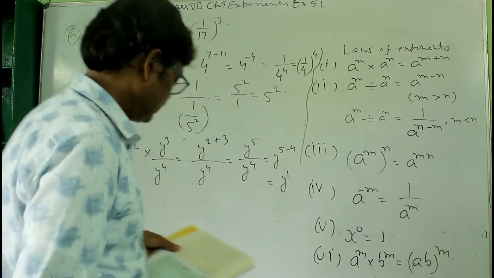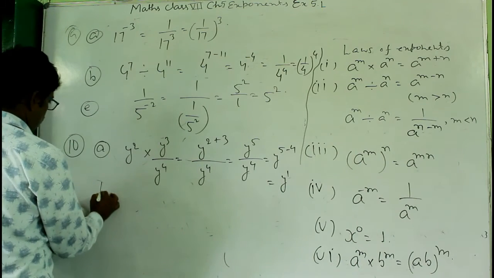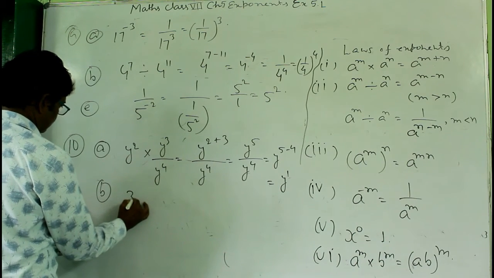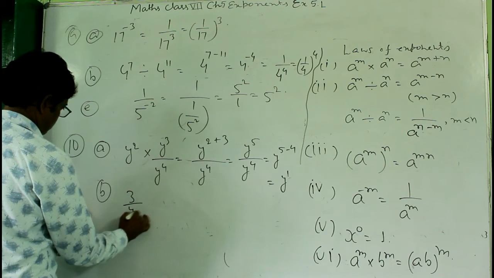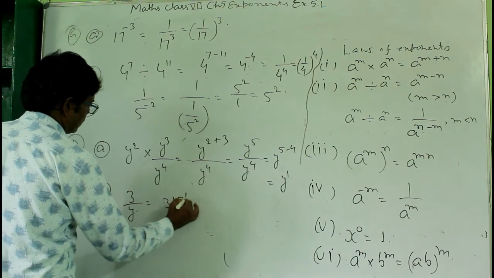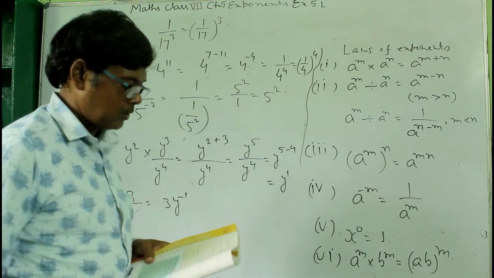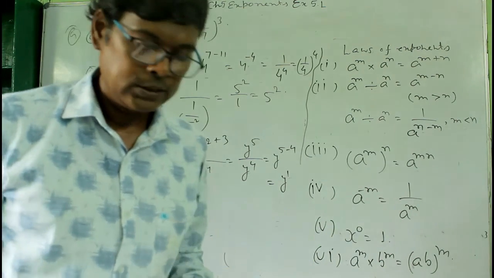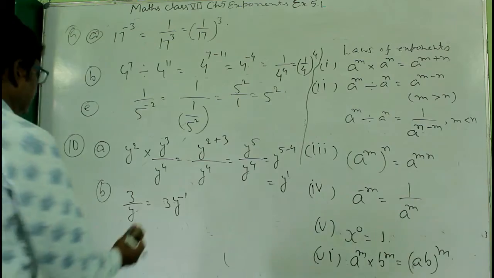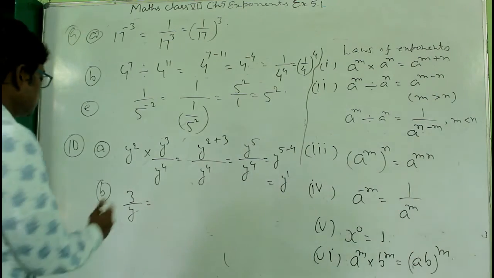Question number B: it will be equal to 3 to the power 3y to the power minus 1, with negative integers as exponents. No, this is not correct. Actually, this is 3 by y.